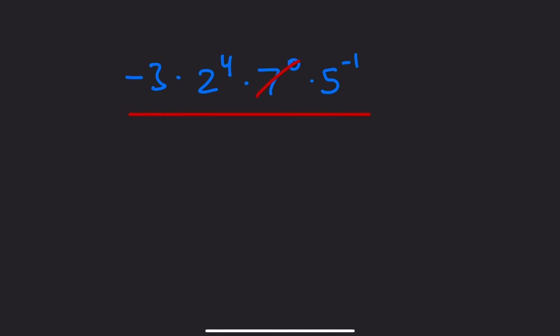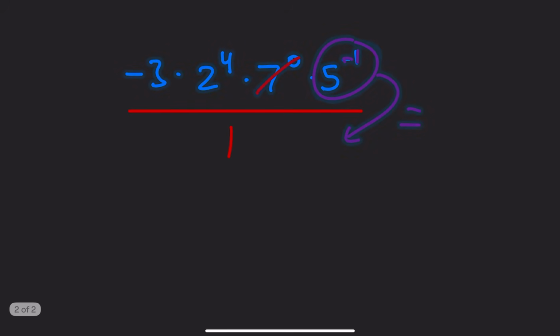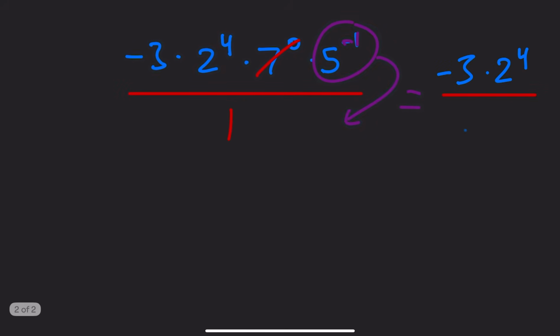Remember, every whole number is being divided by 1 at all times. It's just this division sign and the 1 is always invisible. But we know we don't like the negative 1. So what we're going to do is take the negative 1 and move it to the bottom of our fraction. So on the top of our fraction, negative 3 is going to remain. 2 to the 4th power remains, but on the bottom it's going to be 5 to the 1st power.